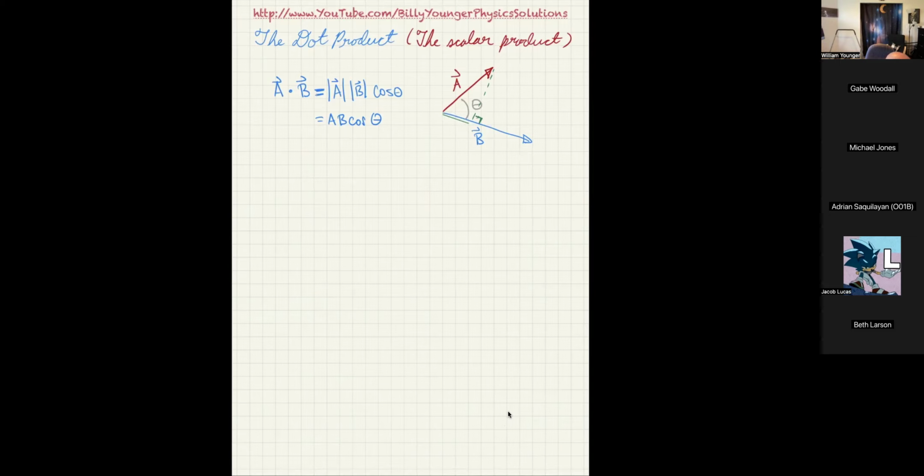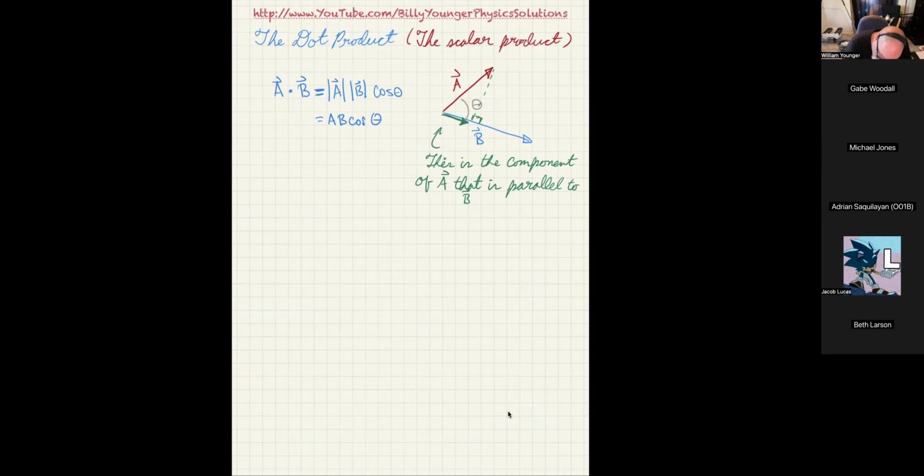And this is the component of A that is parallel to B. Now, there's another vector too, of course, and that would be this vector right here.